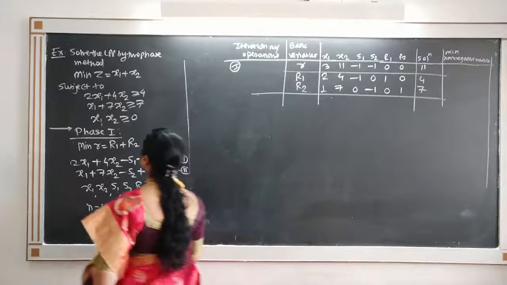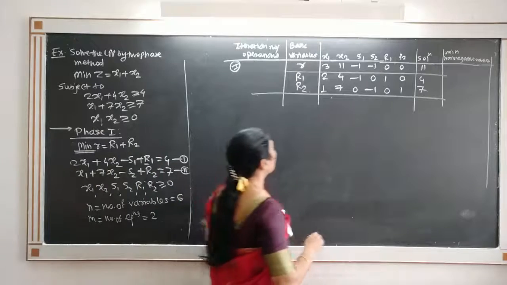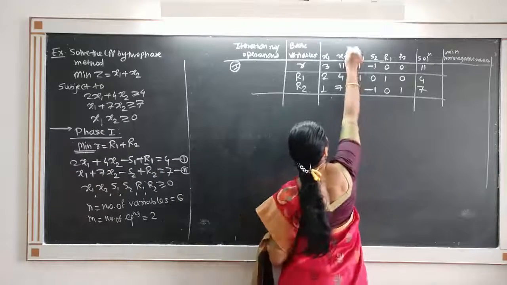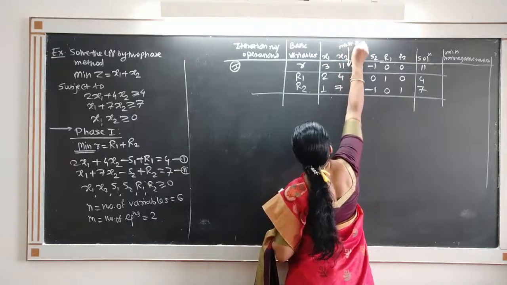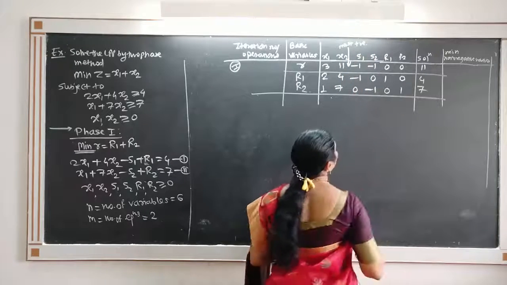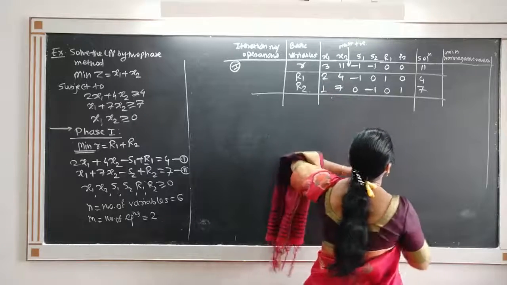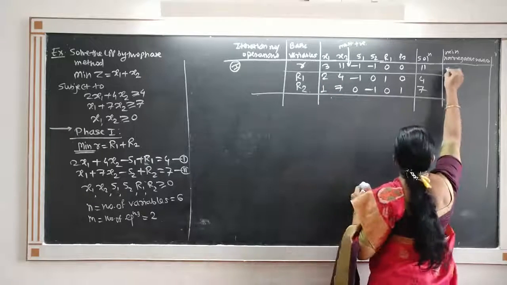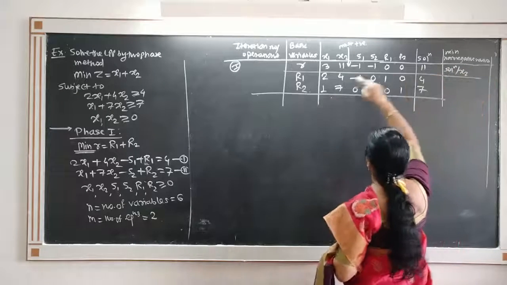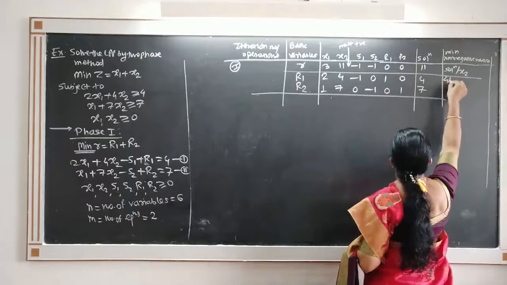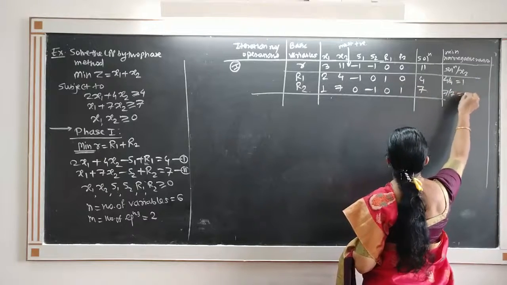Because our function is now minimum r, we will find the most positive value in the R row, and the most positive is 11. So x2 will be the pivot column. Divide the solution by the x2 column: 4 by 4 is 1, and 7 by 7 equal to 1.